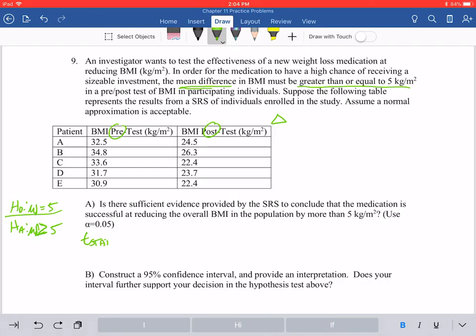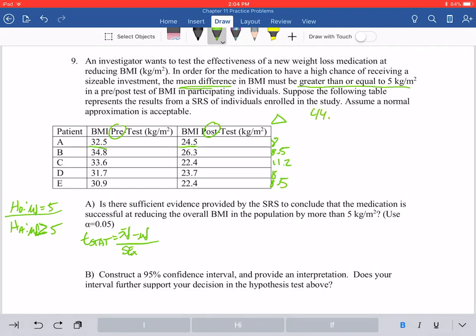So our t-stat for our paired t-test is going to equal x bar delta minus mu delta all over the standard error of x. And in order to find our standard error of x, we have to get a standard deviation from our delta population. So once again, you take your pre and post test, so you can take 32.5, subtract it from 24.5 and get 8, and then this is going to be 8.5 and 11.2, 8, 8.5.